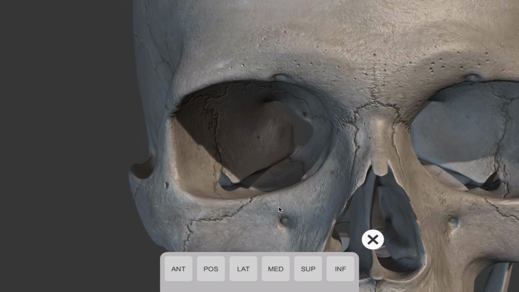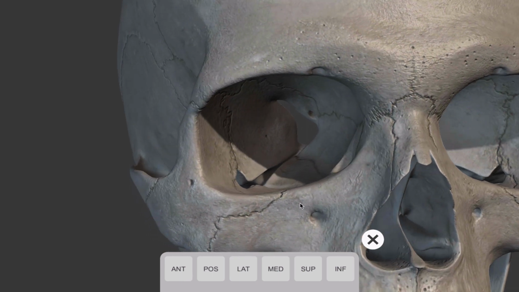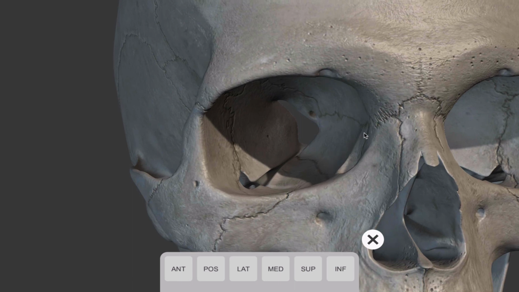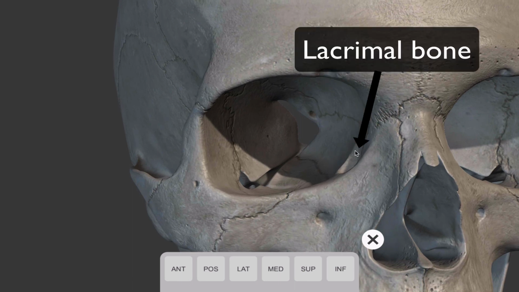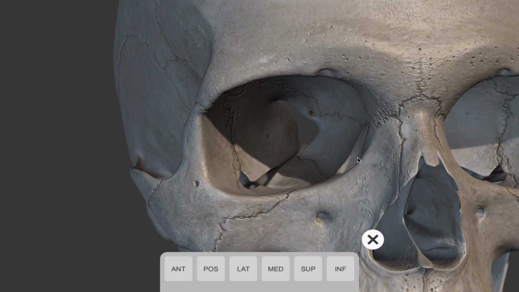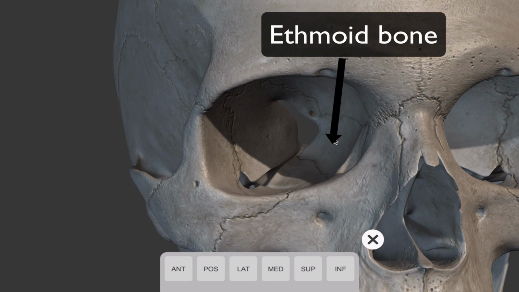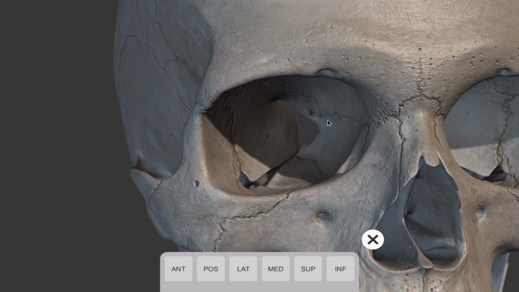Now in the medial corner of the eye is a new bone, and this is called the lacrimal bone. Right in here is where you have your tear ducts. They're called lacrimal ducts, and so this is called the lacrimal bone. Next to it is the ethmoid bone, which we learned from the top inside of the skull.